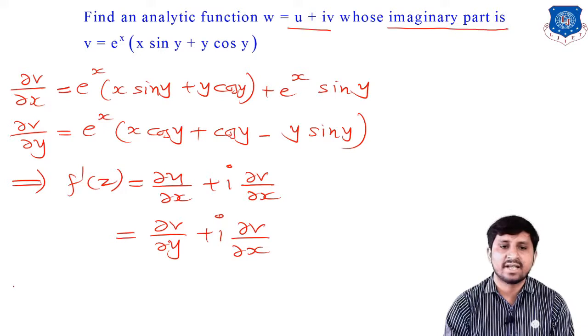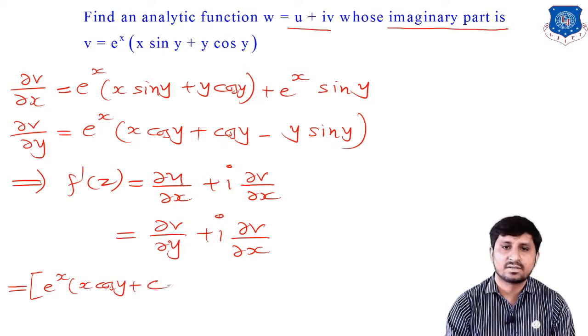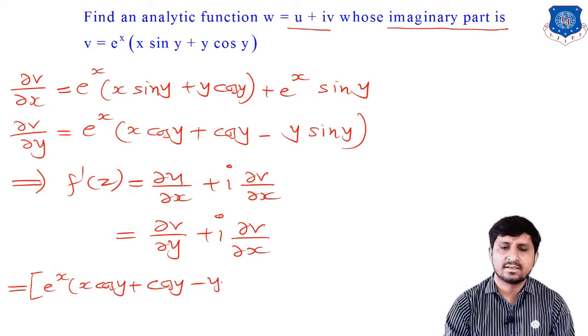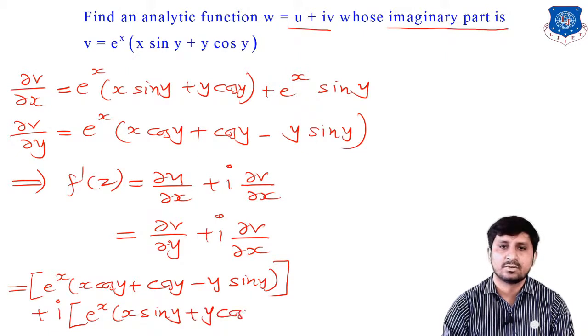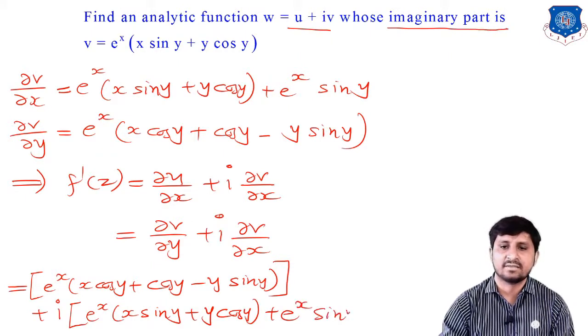Del v by del y is e raised to x in bracket x cos y plus cos y minus y sin y, plus i del v by del x, that is e raised to x in bracket x sin y plus y cos y, plus e raised to x sin y.